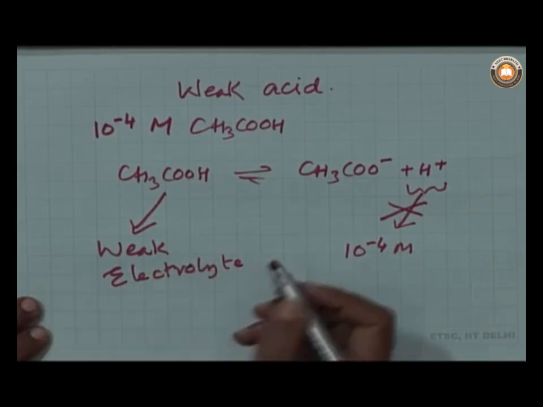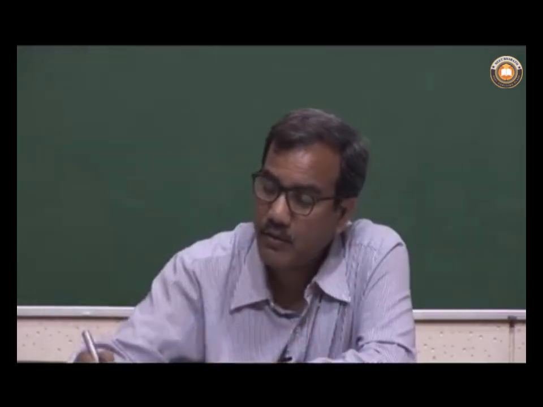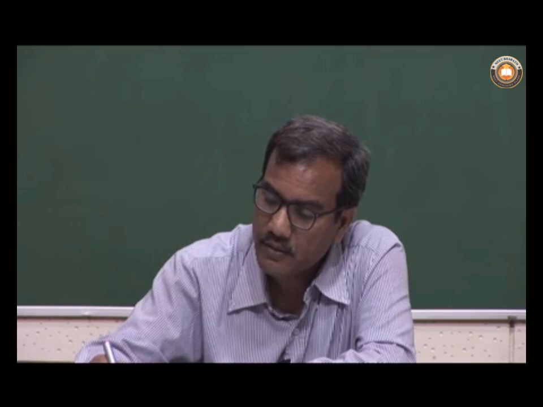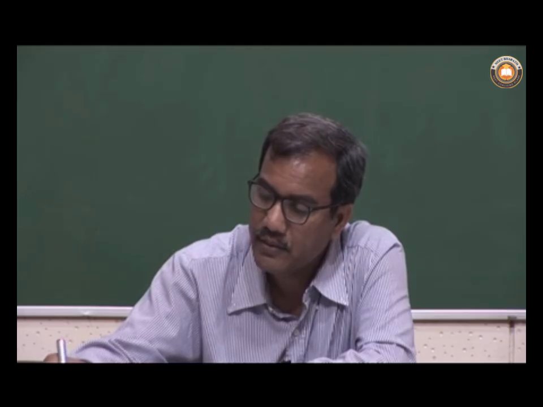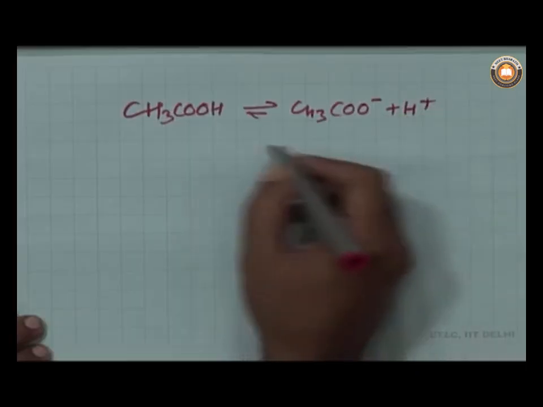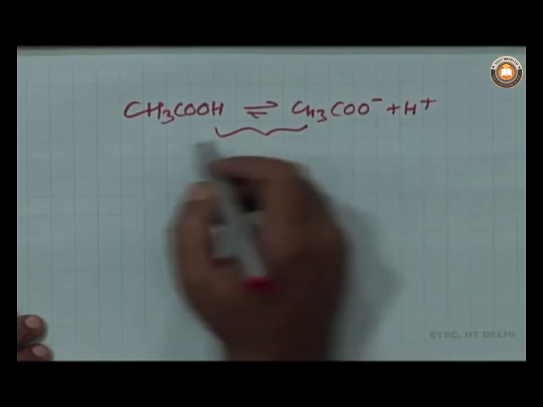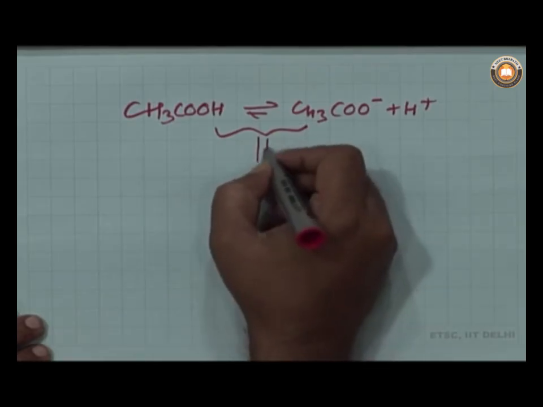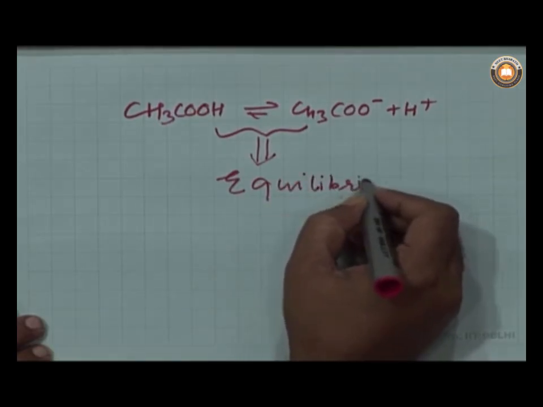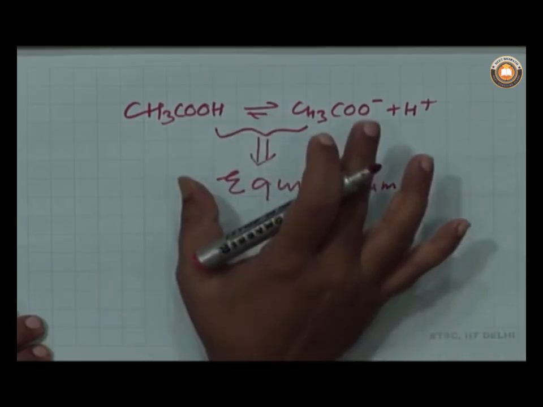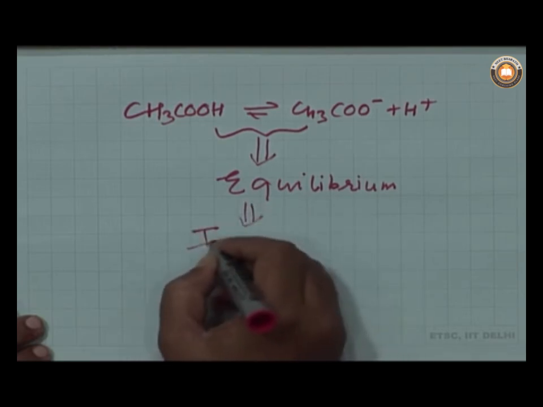Now, how to calculate pH of this? Since this weak electrolyte does not completely dissociate, it is a kind of reversible reaction, which means some are in associated state and some are in dissociated state, so we can apply the concept of equilibrium. And since this is an equilibrium where ions are involved, it is also known as ionic equilibrium.